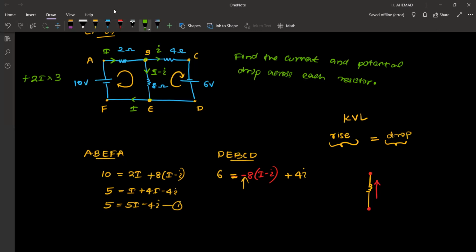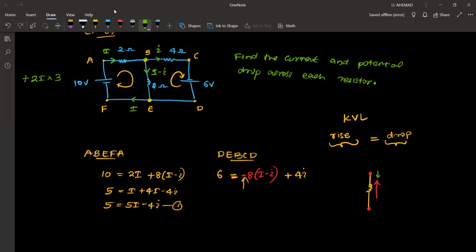If you meet this arrow in the opposite sense, then is it a drop or a rise? If your arrow is opposing the direction you are traveling, now what is it? A drop or a rise? It is a drop, right?